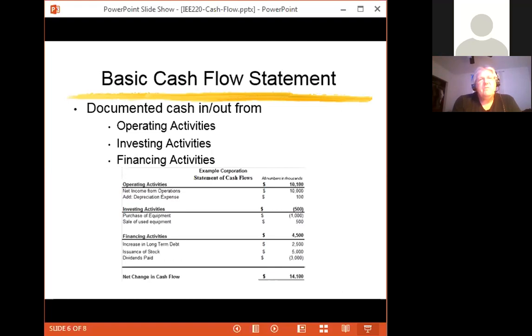So you can see that for this particular statement, there is a positive change in cash flow. So we have 1,400 and what? I think those are thousands. 1.4 million, whatever it turns out to be, in increased cash coming into the organization in this time period, though I don't know what that time period was on this particular example.